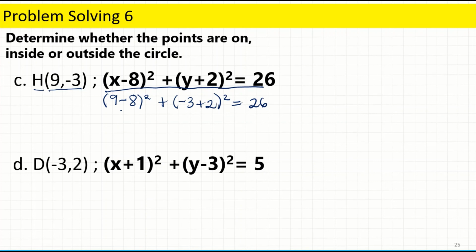And then simplifying further, we have 9 − 8 = 1, squared, plus −3 + 2 = −1, squared, equals 26. Okay, so 1² = 1 plus (−1)(−1), that is still 1. So 1 + 1 = 2 = 26.